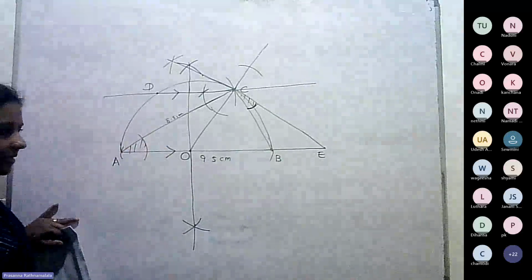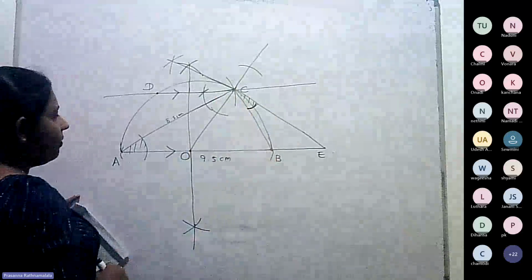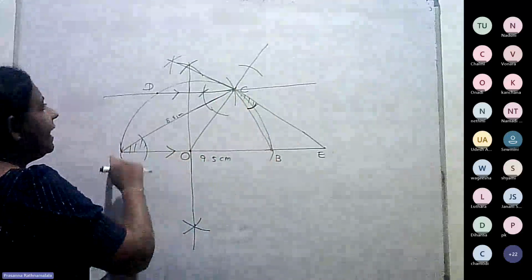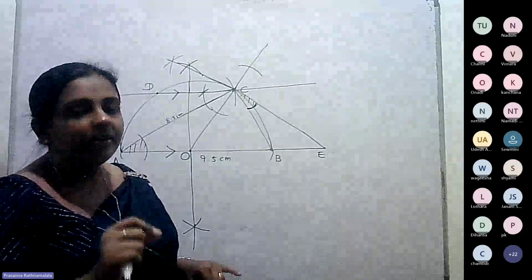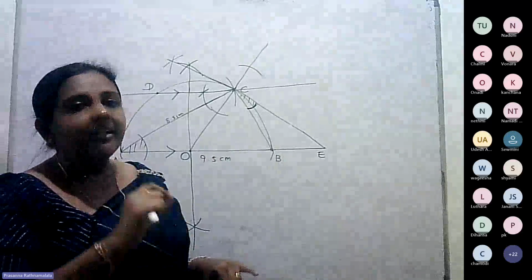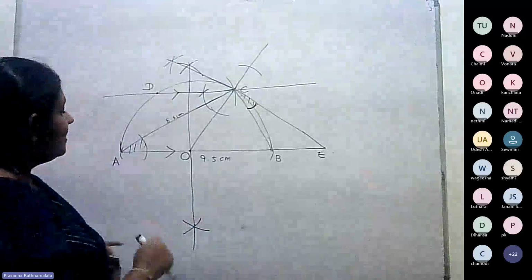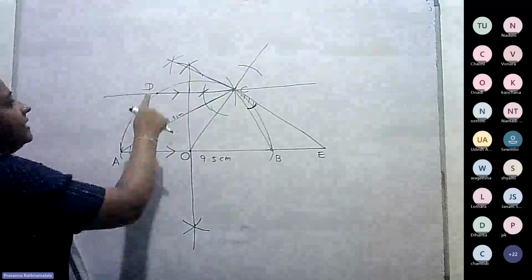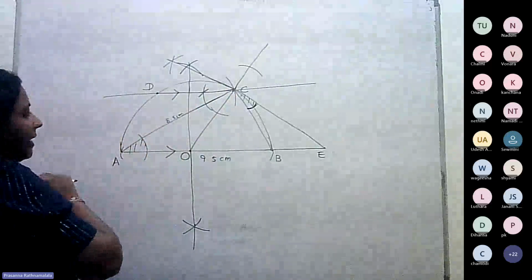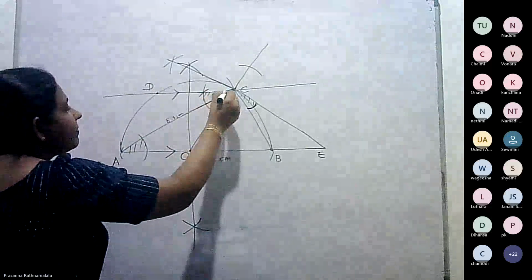Then you can write: first, BCE equals OAC. Mention the reason there. The reason is the angles in an alternate segment. But this OAC equals DCA, that is ACD, these two.